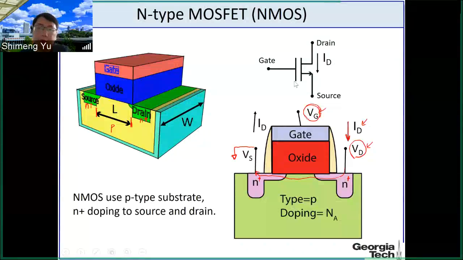And the MOSFET, in principle, is a gate-controlled current switch. So we need to apply the gate voltage Vg to turn on the transistor to allow the current to flow, in this case, from the drain to the source. This is the circuit symbol for the NMOS.